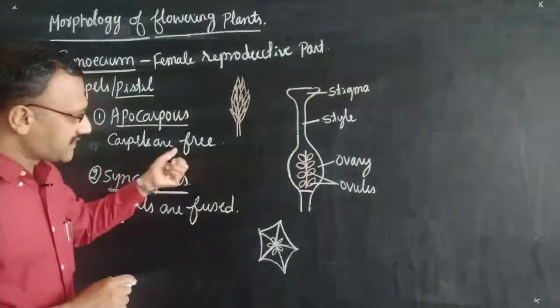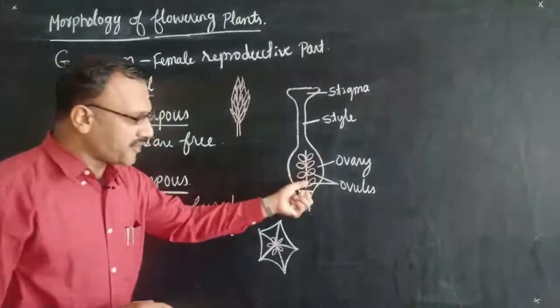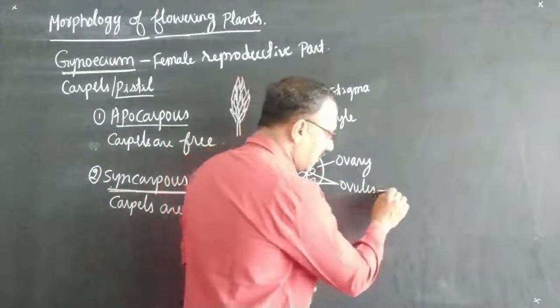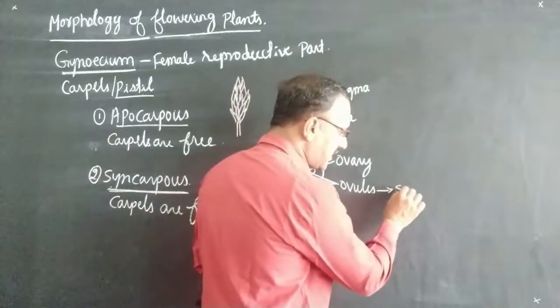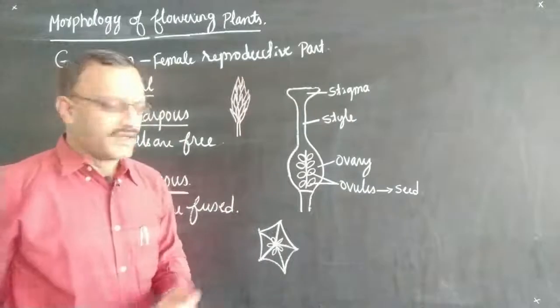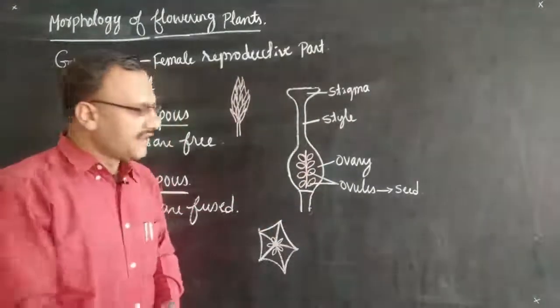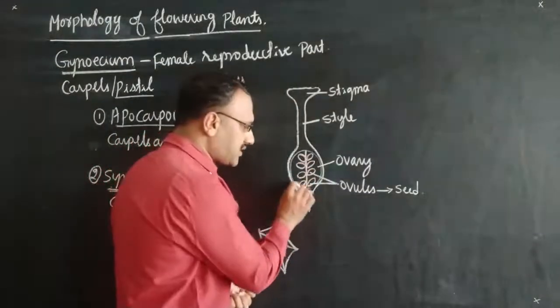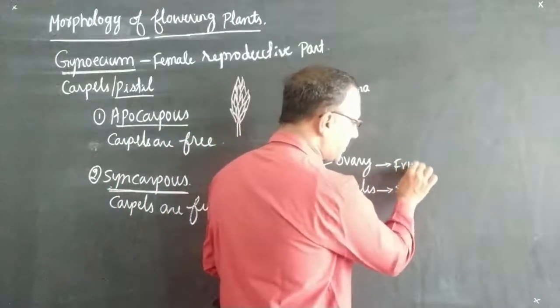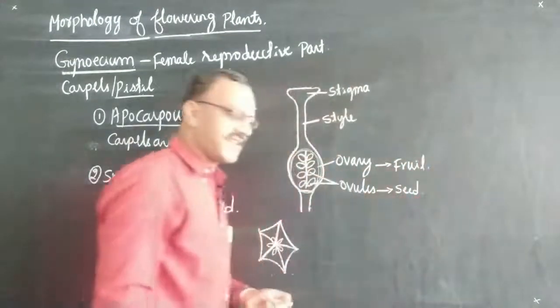Carpels show the bulbous portion, the ovary, which encloses the ovules, and the ovules after fertilization will develop into seed. Once the seed forms, in most cases the ovary will develop into fruit after fertilization.